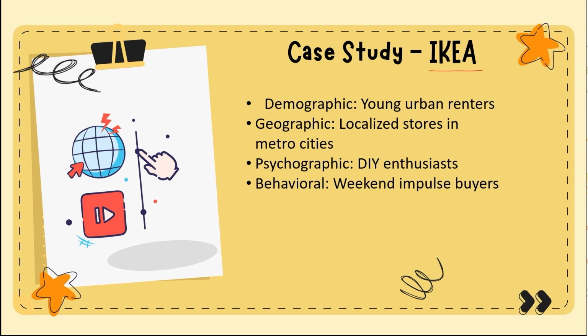Based on geography, they have localized stores in metro cities, big stores, maybe on the outskirts of the city, and maybe you have to take an electric vehicle to move inside the store, such a big size. Psychography: they are basically targeting DIY enthusiast customers. DIY means do it yourself. They are identifying do-it-yourself kinds of customers.